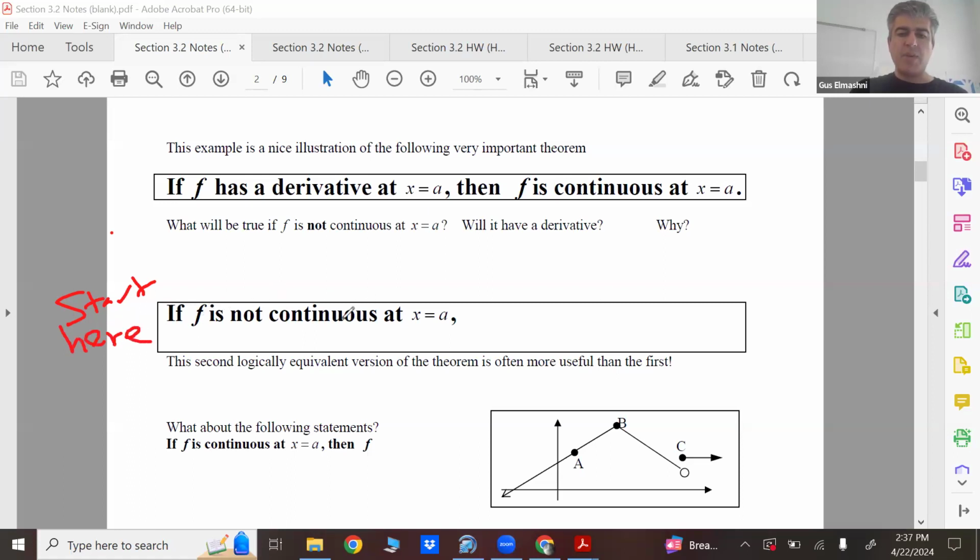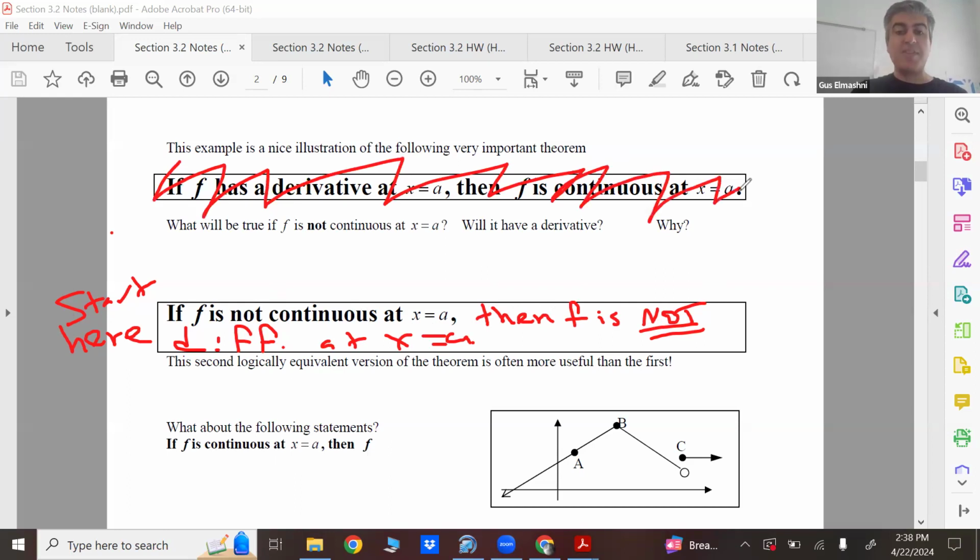If f is not continuous at x, because that's true for the graph we just had, then f is not differentiable. So ignore this for now. Don't cross it off, because we do need that. But for now, just think of this.